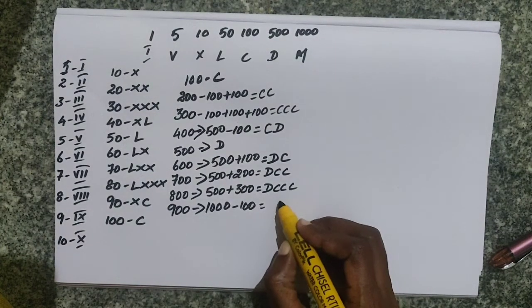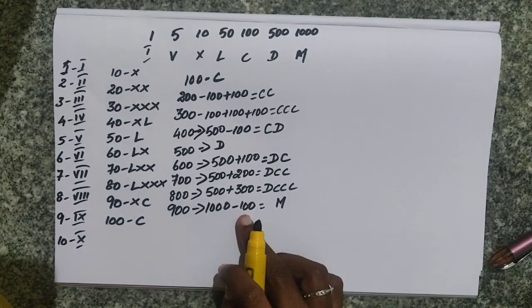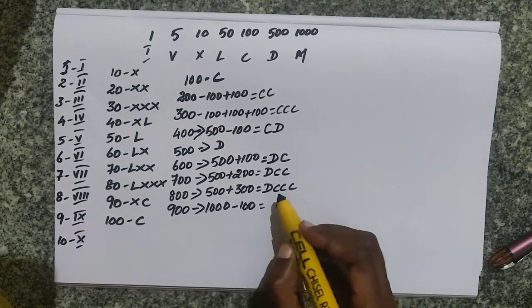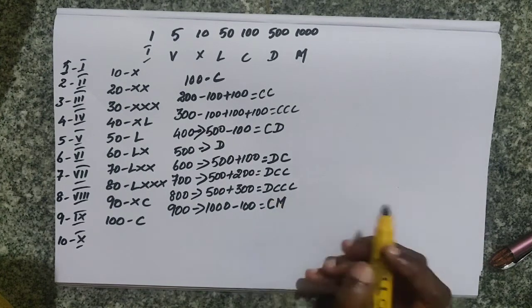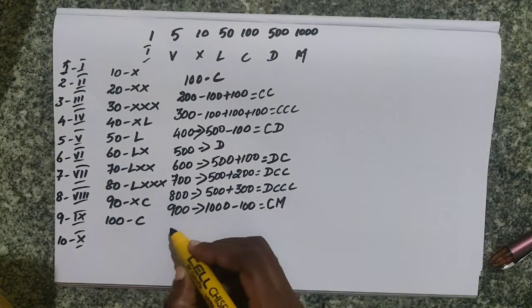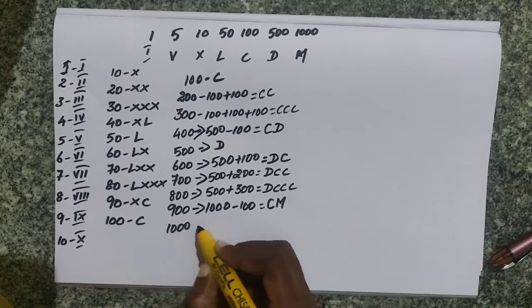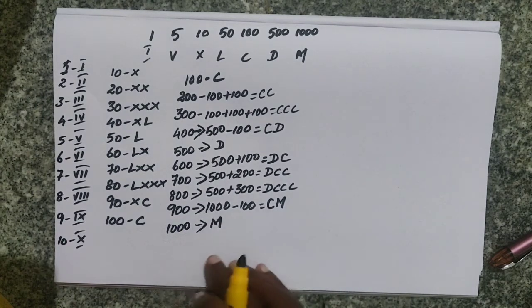Here the bigger numeral is 1000, that is M, and the smaller numeral is 100, that is C. Since it is subtraction, it will be on the left side of the 1000. So 900 is CM. And for 1000 it is M. So this much you know.